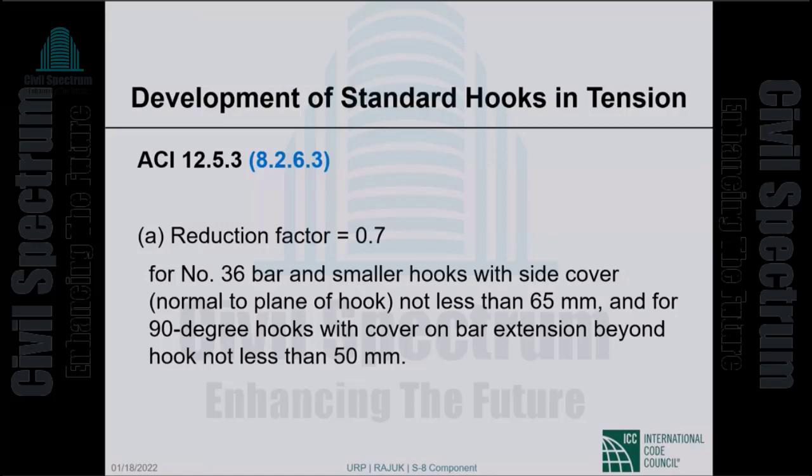That's the first thing. So for 36 bar and smaller hooks with side cover not less than 65 millimeters, and for 90-degree hooks only with cover on bar extension beyond hook not more than 50 millimeters.